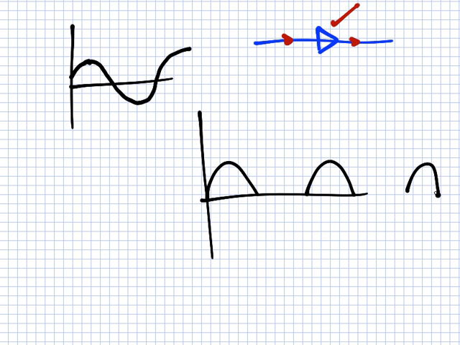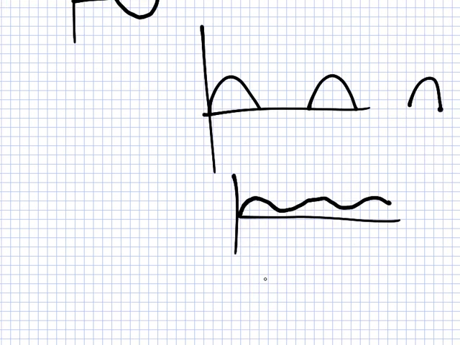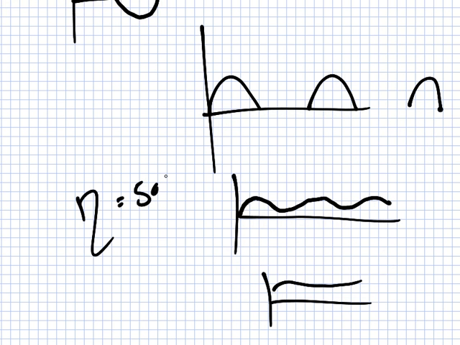But if you use capacitors, then when it charges up here, it will discharge here. So the graph could look like this, and then you could put in a couple more capacitors and smooth it out. But already this is only 50% efficient because you have to throw away this.